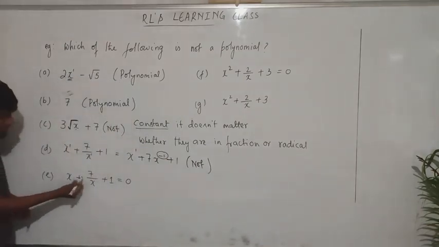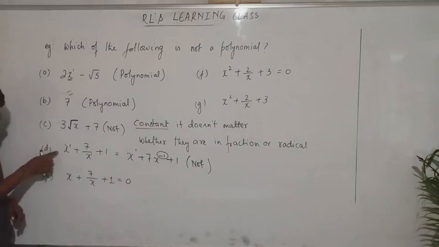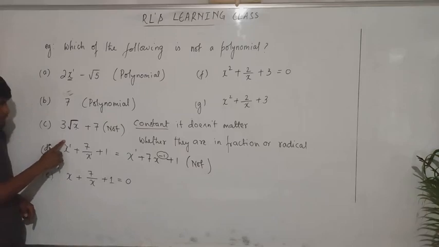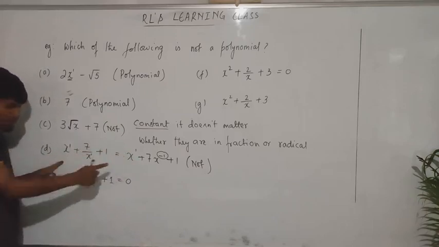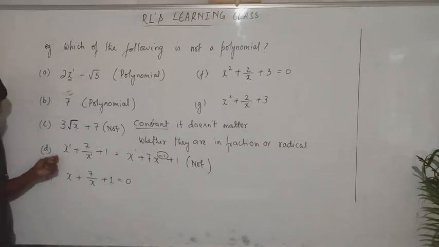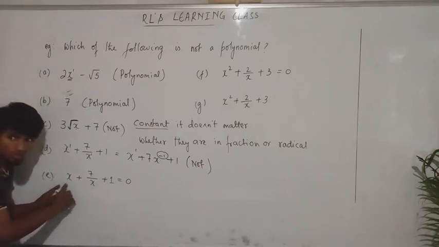And similarly, what about this one? Now this one and this one look the same, this D and E. x to the power 1 plus 7 by x to the power 1 plus 1. Here I said it is not a polynomial. But what about this one? Is this a polynomial or not? Look, here we can do like this: multiplying throughout by x.